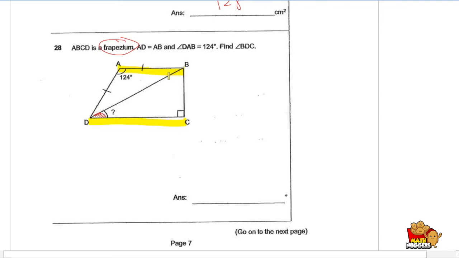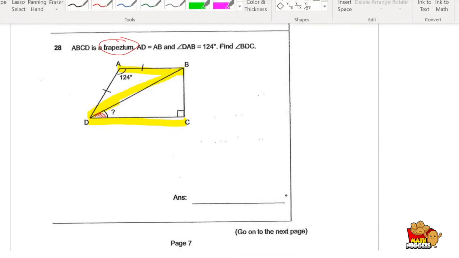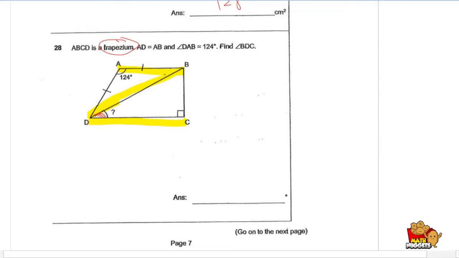Now if you have parallel lines, you would have alternate angles like that, a Z. So a Z would mean that angle ABC is the same as angle BDC. Angle ABC would be equal to angle BDC.